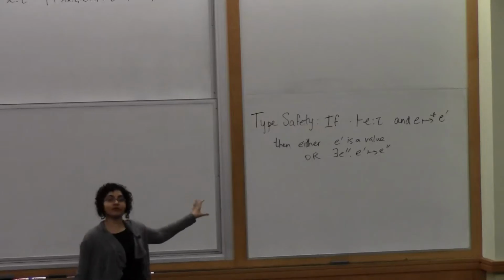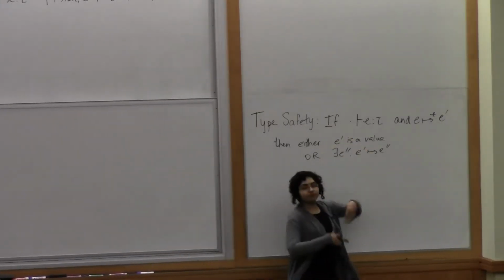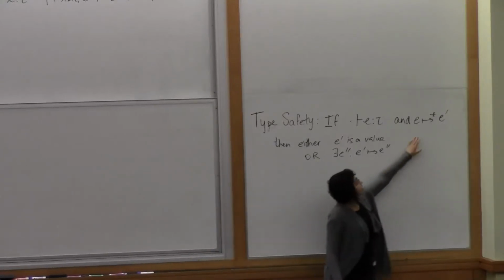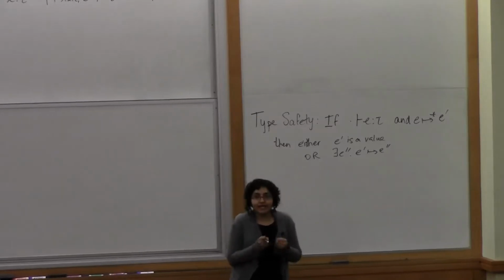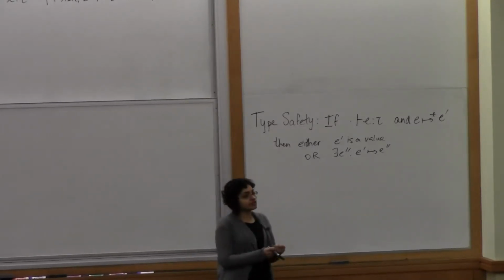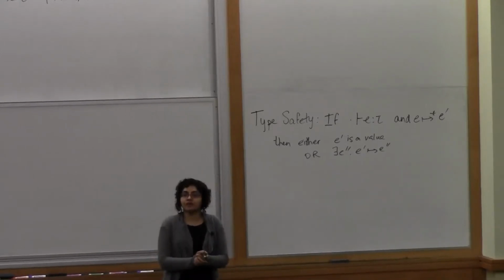That is what we mean by well-typed programs do not get stuck. Here's a well-typed program. You've been running it for a while, or maybe you haven't even taken any steps yet. This could be 0. But at any point in time, either you have already reached a value, or it is possible to take another step. Means you're not stuck.